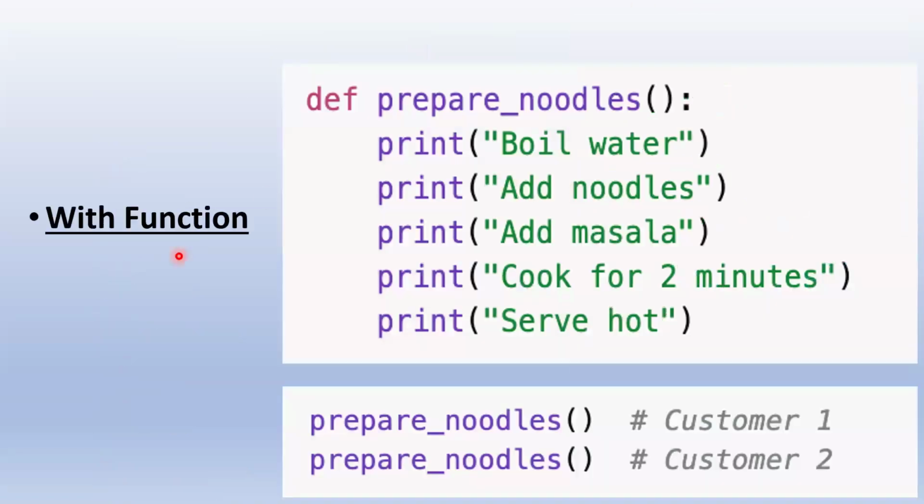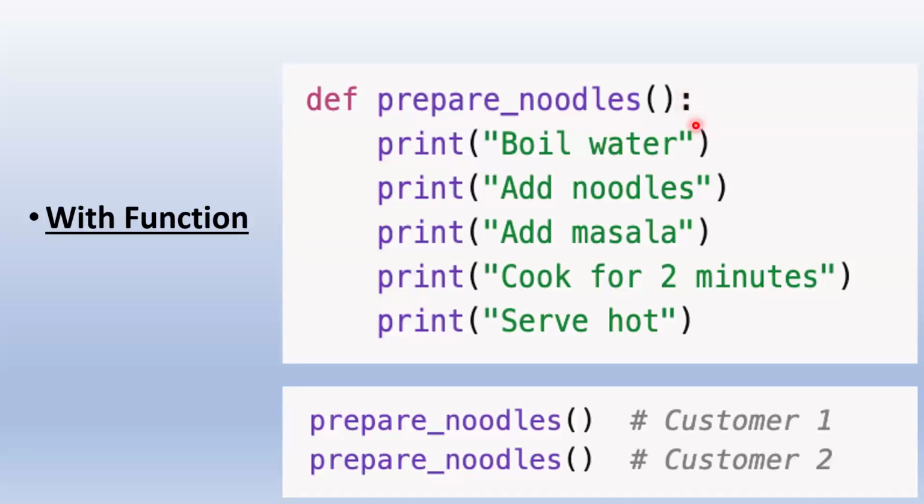Now, with a function, what are we doing here? Define. This is how we define a function. This is the keyword we use. Please make a note, write it down. The keyword for a function is def, and then prepare_noodles. This is the syntax: def, function name, colon, just like how we use it for if conditional statements and loops.